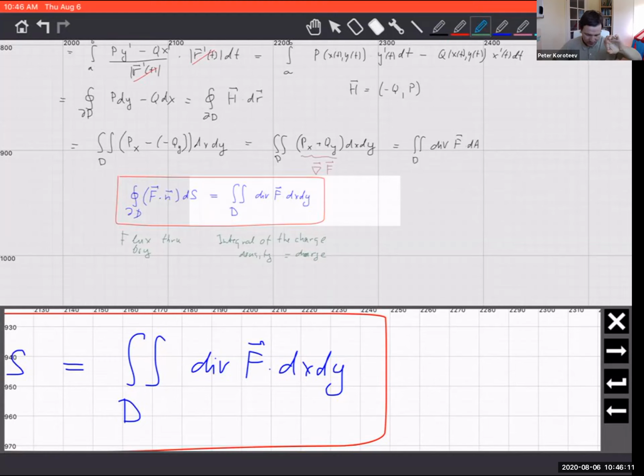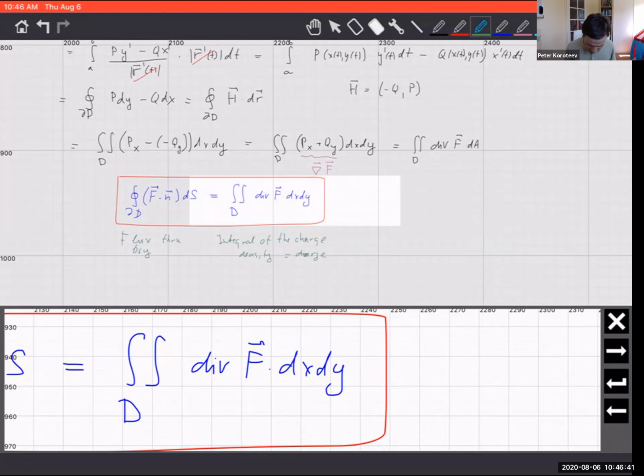The divergence of that field is equal to 0 everywhere except at the origin, where, I asked you to take my word for it, there should be a delta function. It's a distribution which is singular, supported at one point at the origin. If you integrate that over space, or in this case over the plane, we get the charge.